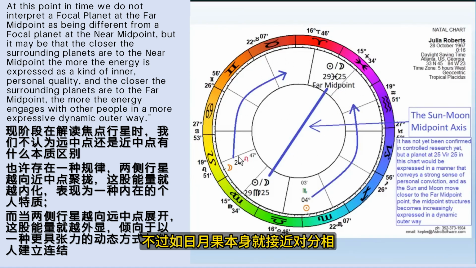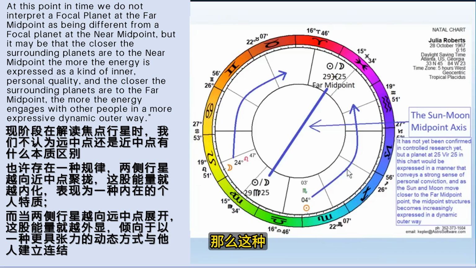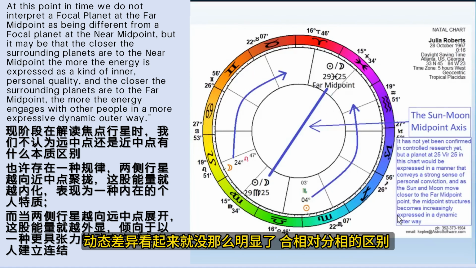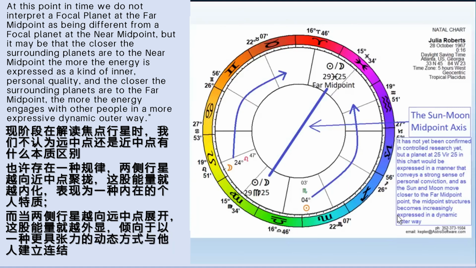And if the Sun and Moon are close to being opposition, like if the Moon is in Cancer and the Sun is in Capricorn, or something like that, or Gemini and Sagittarius, there seems to be less of this dynamic. The conjunction is not as conspicuous and the opposition is not as conspicuous.